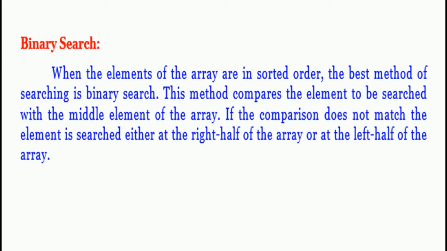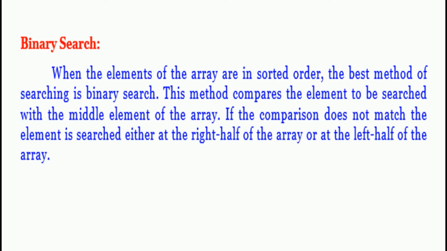It searches in the left part if the searching element is smaller than the middle element, or if it is bigger than the middle element, then the searching continues with the upper part, that is the right part of the array. So that is the concept of binary search.